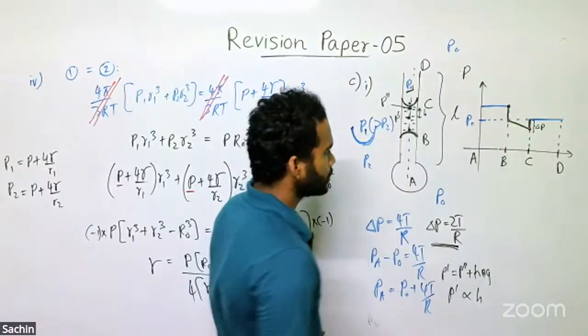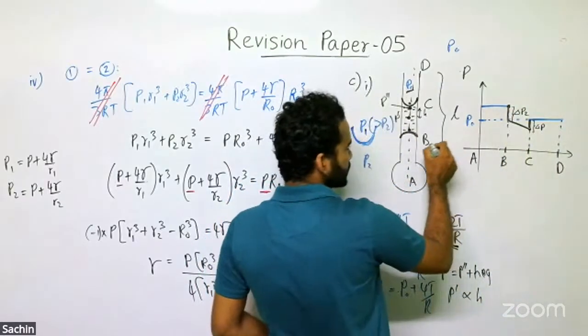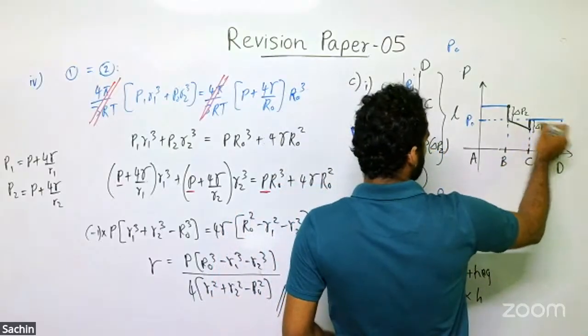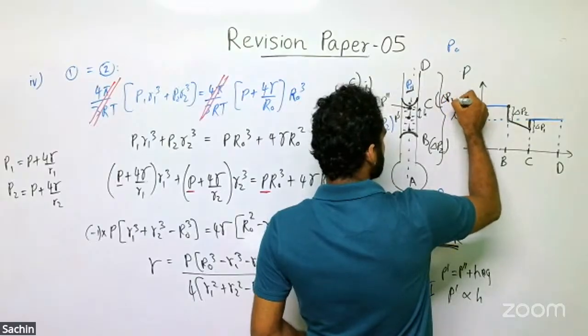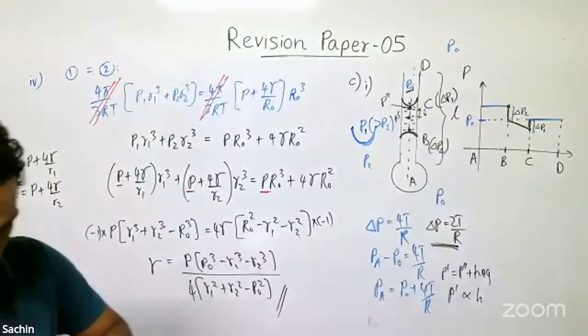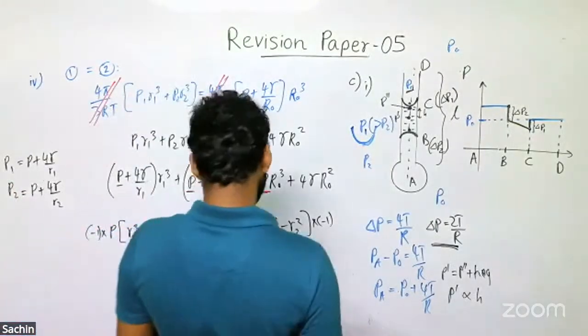This is the pressure drop occurring at the meniscus B. So I can write delta P2, and this is the delta P1 that is occurring at the meniscus 1, C. The graph should be something like this. So now it is sketched.